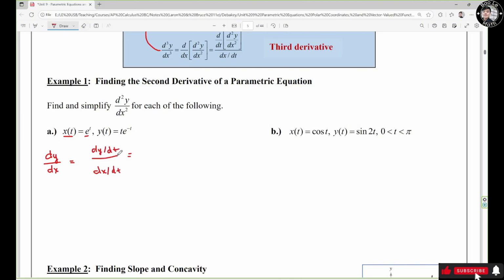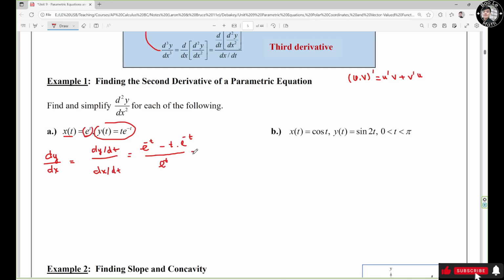Then you're going to take the derivative of this with respect to t, so you use the product rule: u prime v plus v prime u. So this turns out to be e to the negative t minus t times e to the negative t, over ds over dt, which is e to the t.